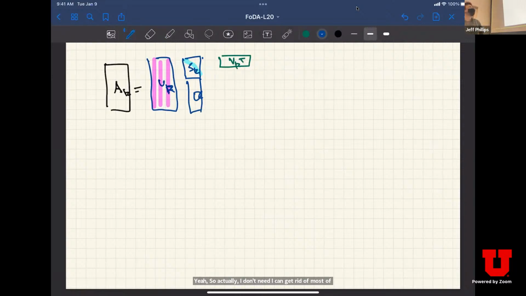So the dimensions match up, right? V_k transpose is just going to be the top k here. I can also just multiply these structures together.